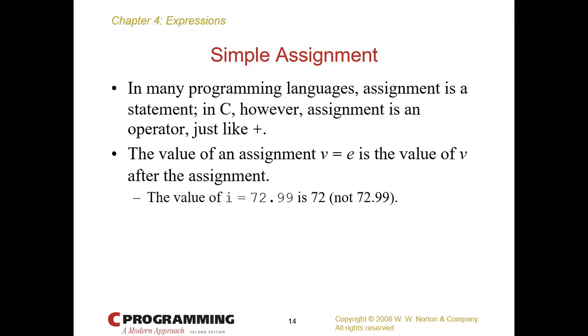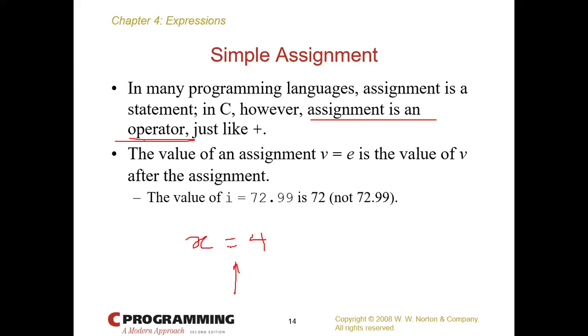In many programming languages, assignment is a statement. However, in C, assignment is an operator. Assignment is an operator. So this is important. In many languages, here is assignment. X is equal to 4. And because it's just a statement, you cannot consider it as a complex expression.